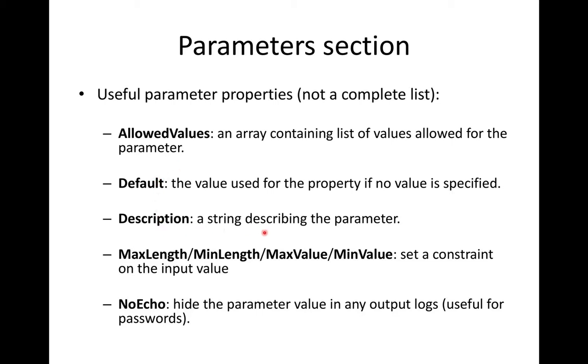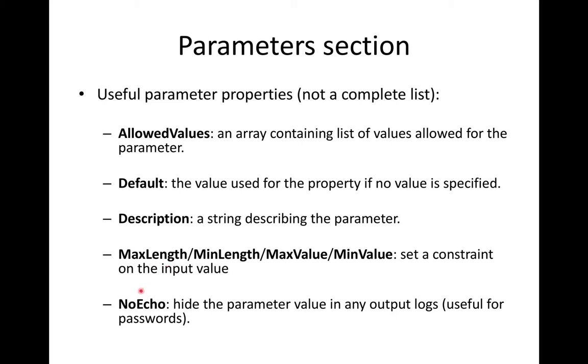You can provide a description for the parameter, which is very helpful. And then you can set up constraints, like a max length or min length, max value, minimum value for the parameter. This is useful if you have a parameter which is something like a number, and that number has to be within a specified range.